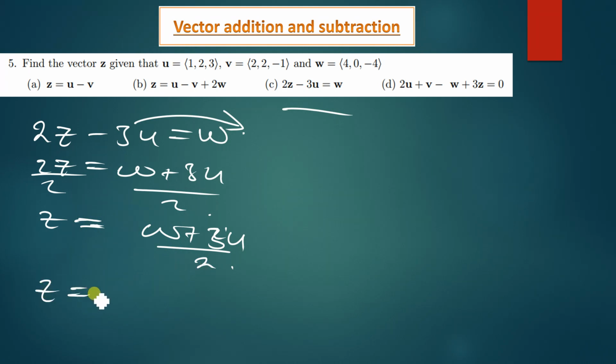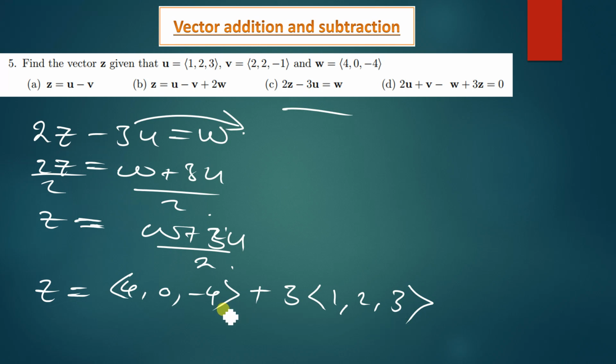So z is now going to be equal to w, which has been given as (4, 0, -4), plus 3 times u, which has also been given as (1, 2, 3), then we divide everything by 2.